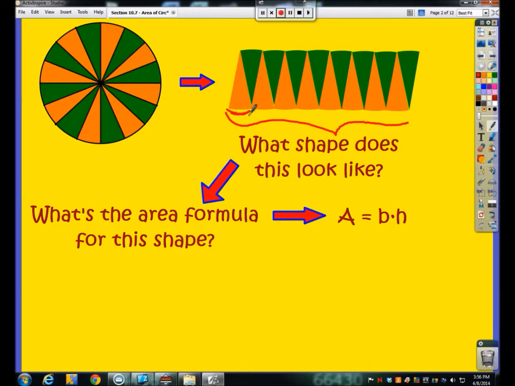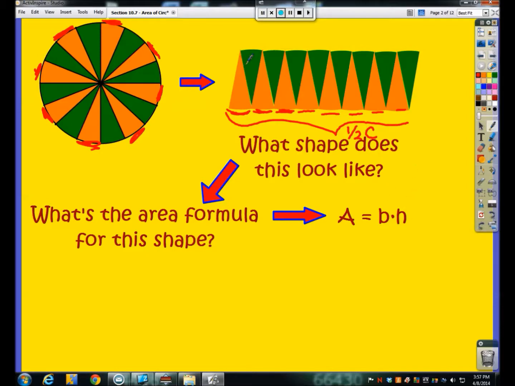Well, that represents all these orange pieces, which, if we go back to the circle, are all of these pieces here. Well, that's circumference, but it's not the whole thing. How much is it? It's half of it. So the base of this is really half of the circumference. Where's the other half? It's up here with the green pieces.